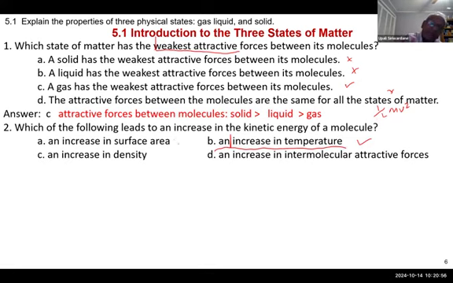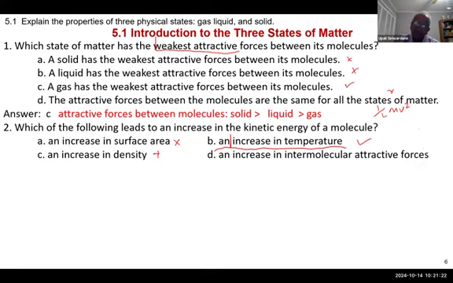Surface area is not. Density is not increasing. Density is dependent on the amount of substance, its molecular weight, molar mass. Increase in intermolecular attractive forces?